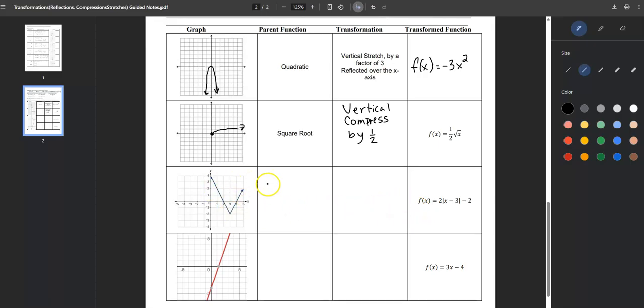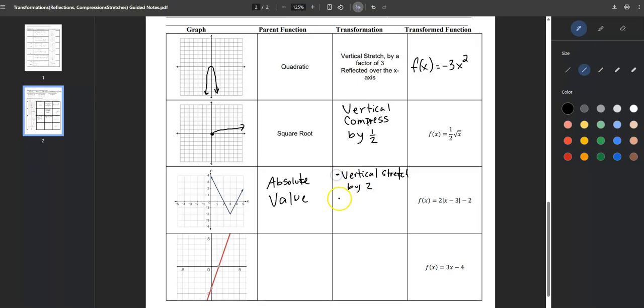Okay, this shape is an absolute value. If I look at these transformations, I can look at a graph or the equation. The 2 is going to have a vertical stretch, again, by 2.